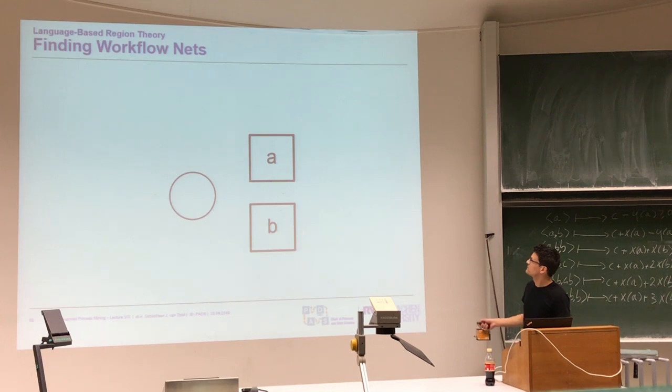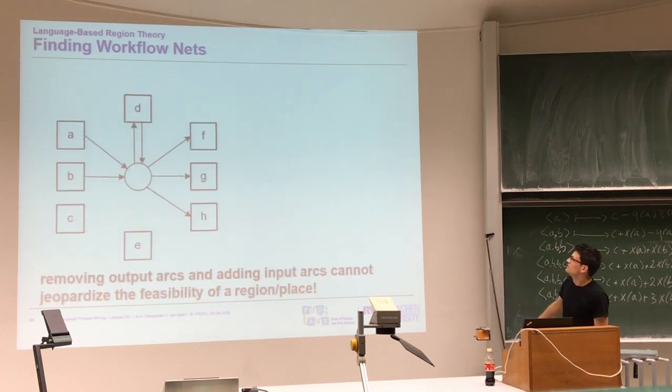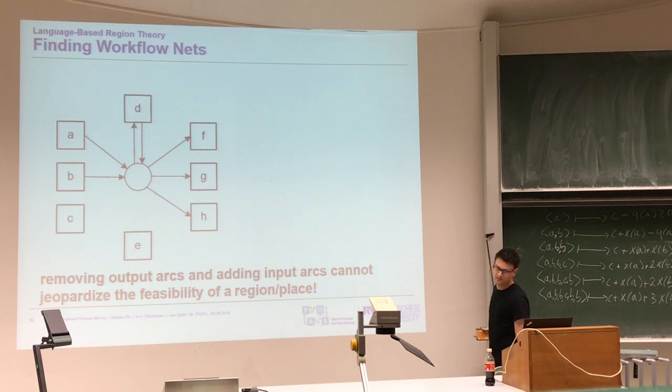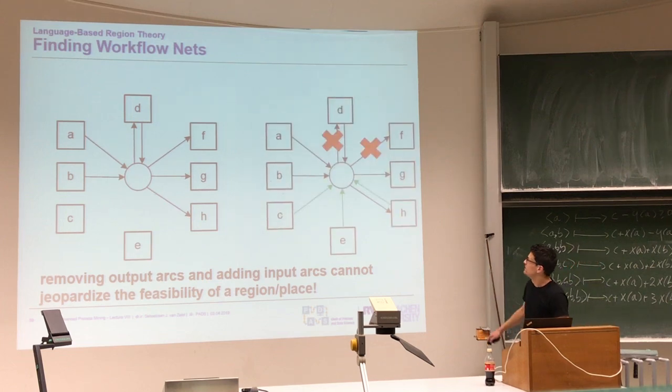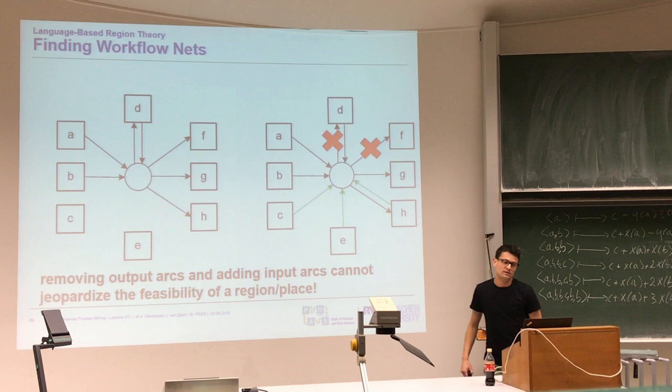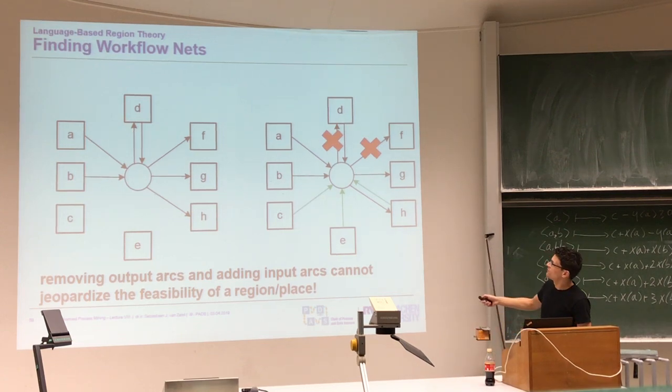When we look at assigning arcs to the places, we observe a few interesting facts. Namely that when we remove output arcs and we add input arcs, we cannot really jeopardize feasibility. What it means is that if we have the place, if we remove this arc and this arc and we add all these arcs, whatever this place allows for, the new place will also allow for.